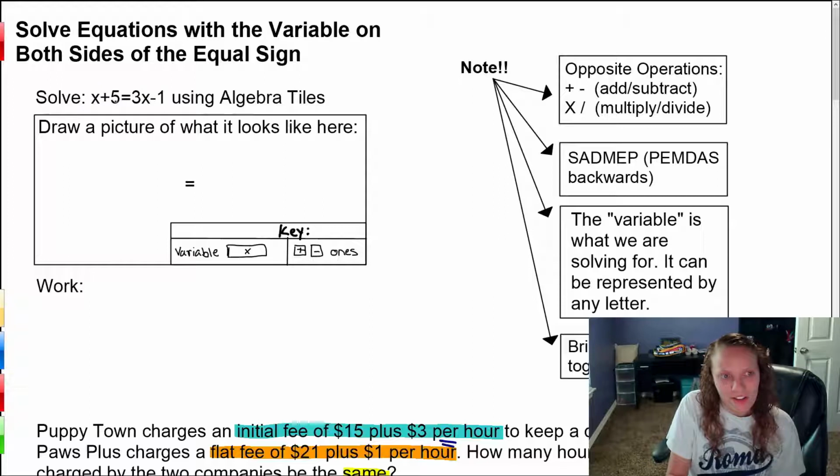So on the left side, I see a single x. There's no number. We could think of that as 1x. So we're going to draw one rectangle here. And then it says plus 5. So then 5 little squares. And all these are positive.